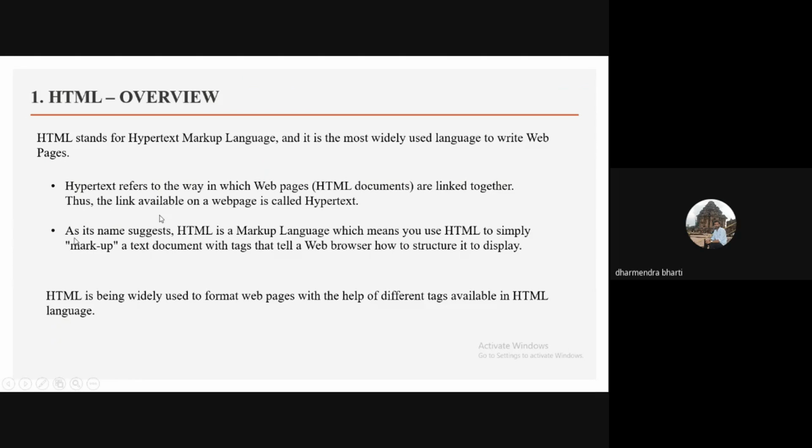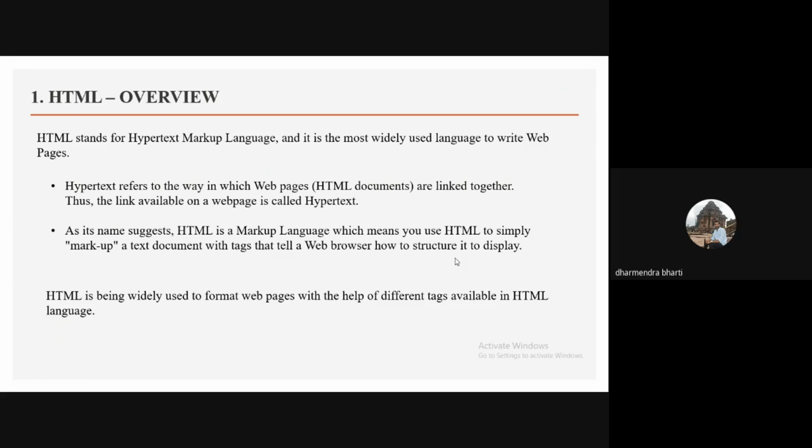As its name suggests, HTML is a markup language, which means you use HTML to simply mark up a text document with tags. You are making the document with text. The HTML tag, body tag, and so on tell a web browser how to display it. So these tags tell how we are formatting and displaying a web page on your screen.